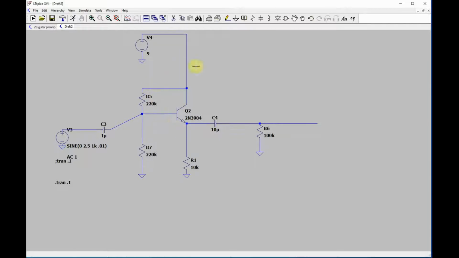Let me just explain it as I go. You take the signal right off your emitter follower, and you feed it back to the base.